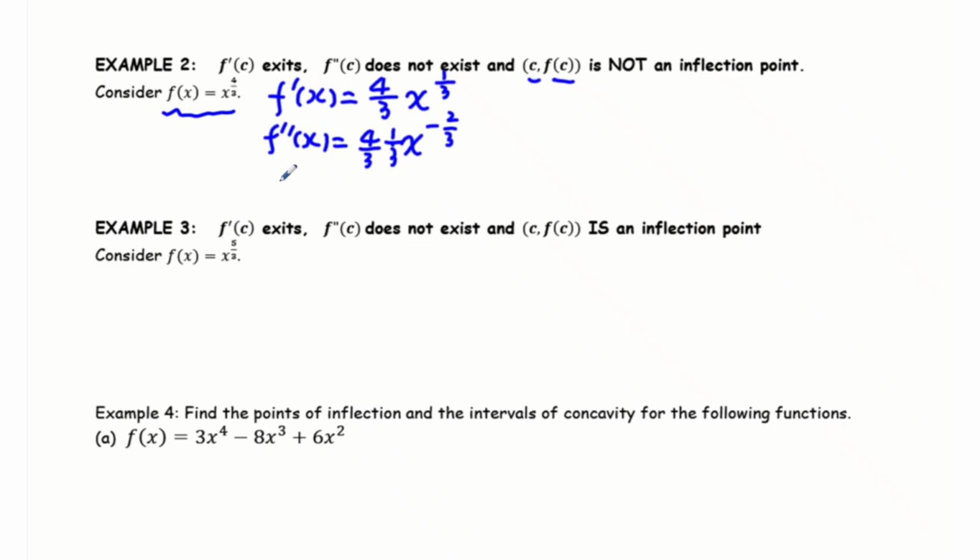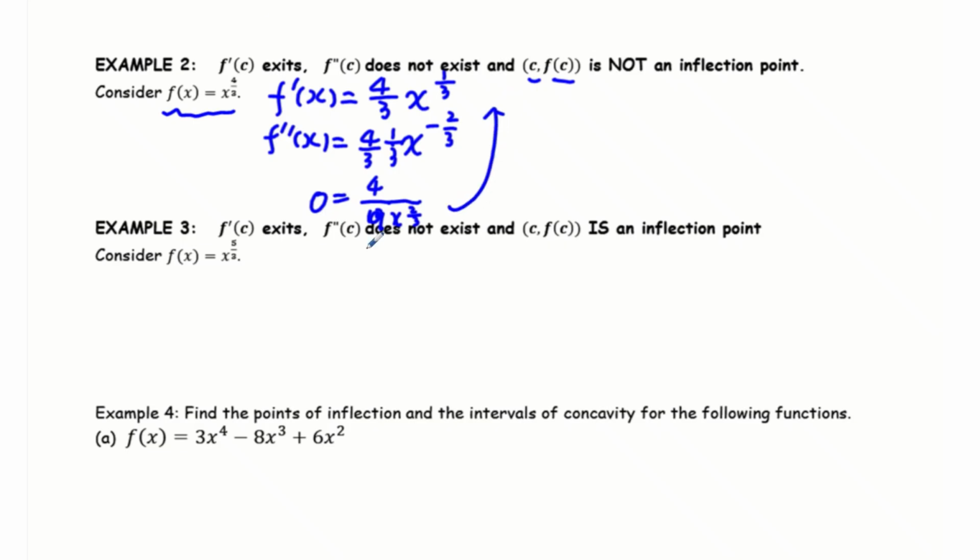Then we are going to find the zeros for it. It will be 4/9, move the negative x 2/3 to the denominator. We have 0. Then we solve it.